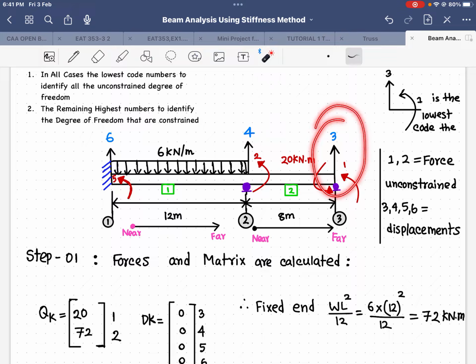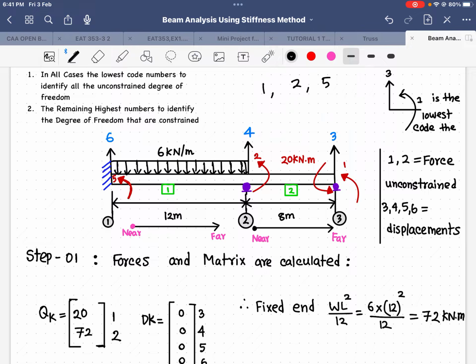Here the lowest code number is 1. For 2 the lowest code number is 2. For 6 and 5 the lowest code number is 5. So I will get 1, then 2 and 5.